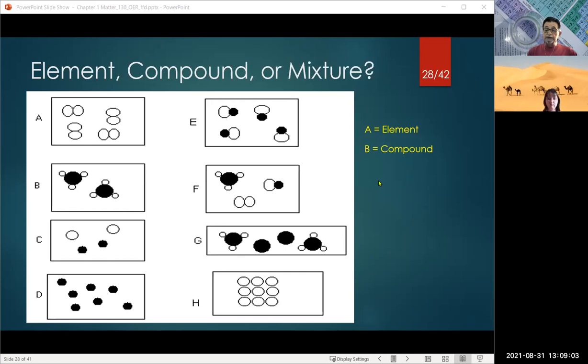Okay, and C, we have a clear one and a dark one, 2 different ones, obviously 2 different elements. So definitely we got a mixture of 2 different elements.